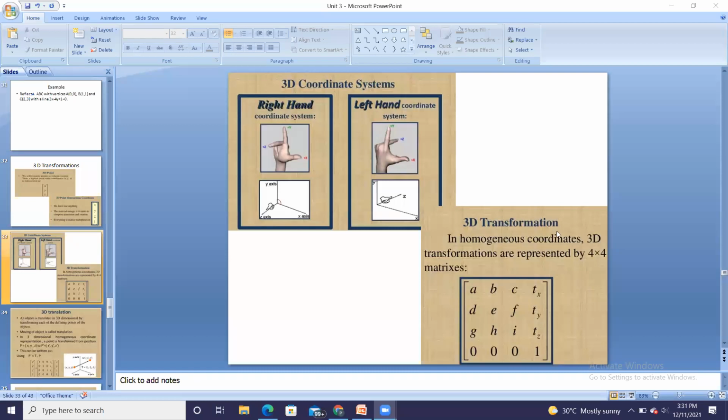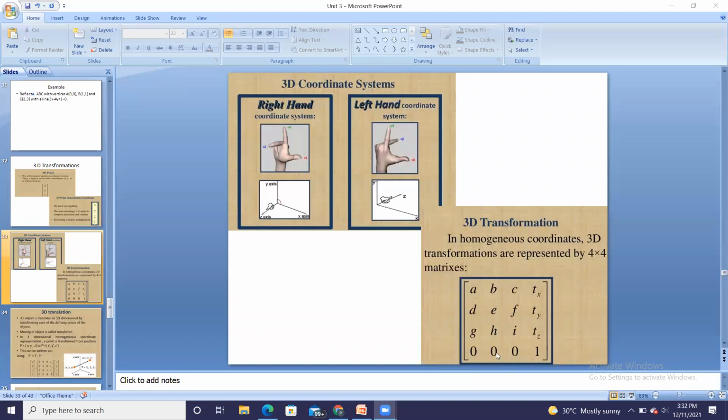Now in 3D transformation, we have a 4 by 4 matrix like this. Remember that it is a transpose, and that's why it is written in this manner. These three elements, written column wise, are always 0, and they are there for projection type work.